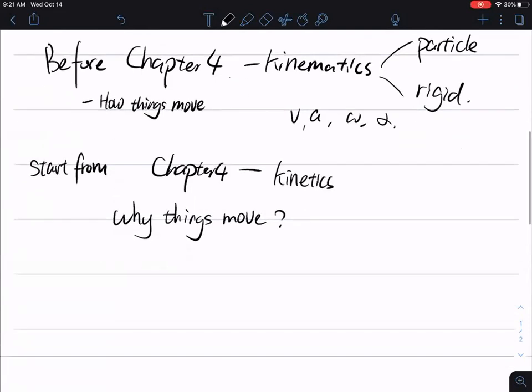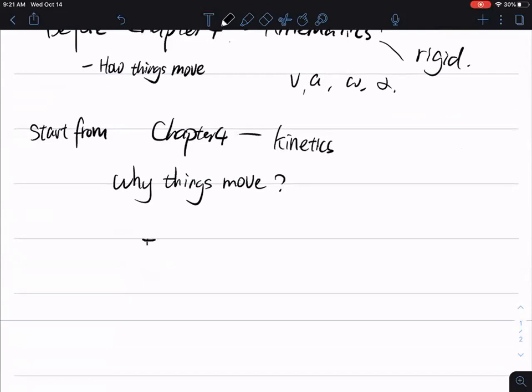But we have a task here. We know force is the reason why things move, and we learned accelerations before in chapters 1, 2, 3. Do we have anything to link those two together? How can we link forces and accelerations? Mass. Okay, let's add a mass.